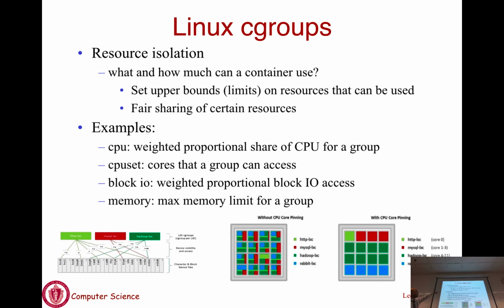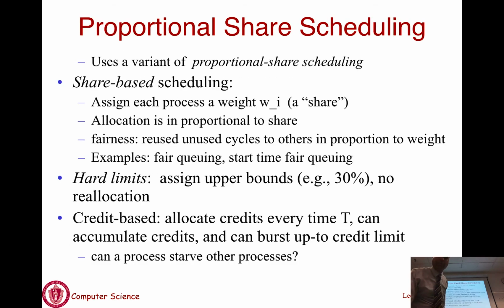So you can set upper bounds on whatever resources you consume, or you can use a technique called fair share, which I'm going to also discuss, that says there is a limitation, but you can fairly share resources in a certain way. I'll talk about fair share as well. Okay, and you can do the same thing for I/O. You can say you can use this much amount of disk bandwidth. You can say you can use this amount of storage space and so on. Okay, so let me explain that in a little more detail.